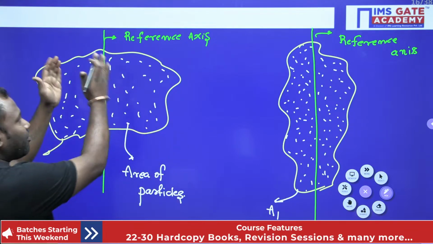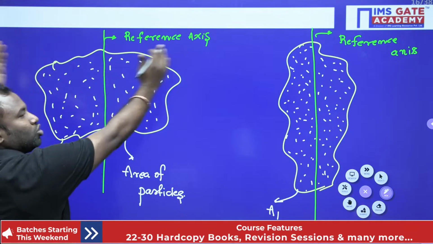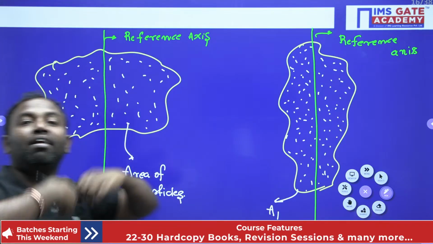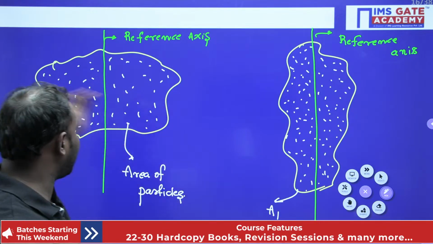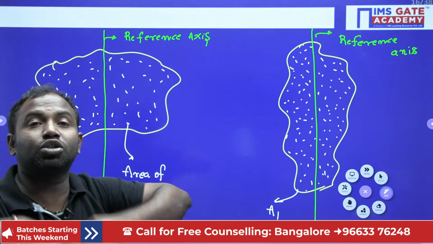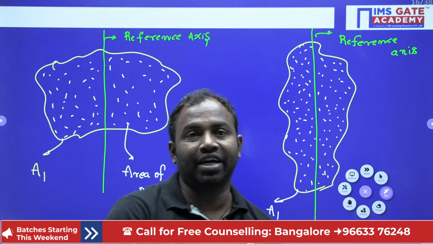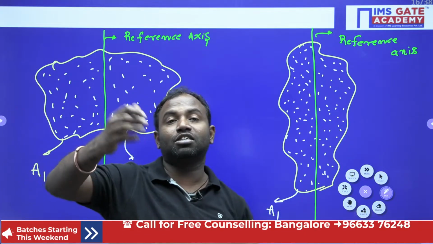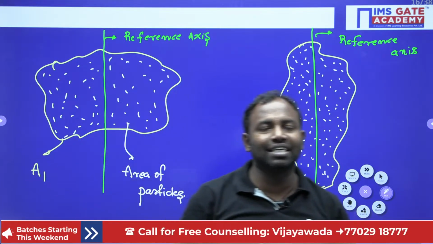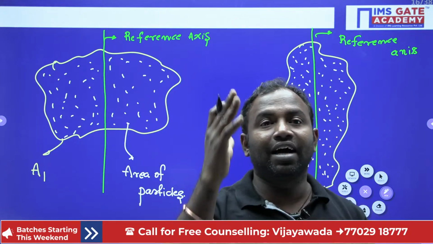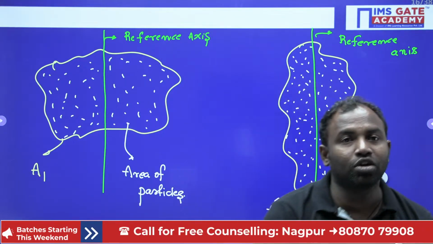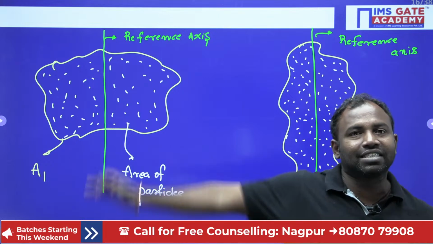When the particles are distributed far from the reference axis, then it has higher resistance to moment. So if you apply a force on that, it tries to resist the moment. That is why when the particles are distributed so far from the reference axis, that area has high moment of inertia, as compared to this one.